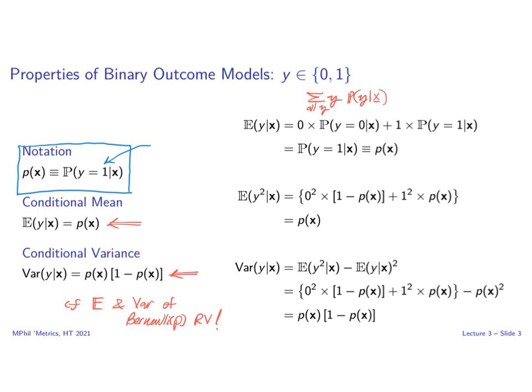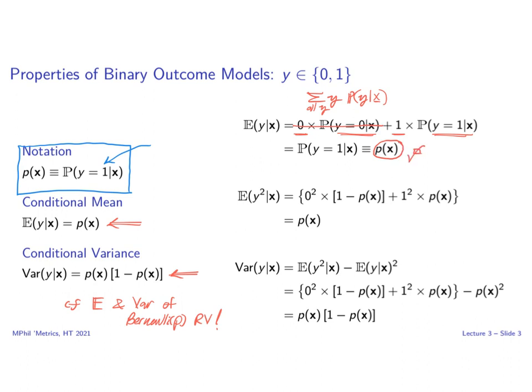Because y can only take on one of two values, 0 or 1, we obtain 0 times the probability that y is 0 given x, plus 1 times the probability that y is 1 given x. Of course, that first term is 0, so we're left with the probability that y equals 1 given x, which I have defined to be p of x.